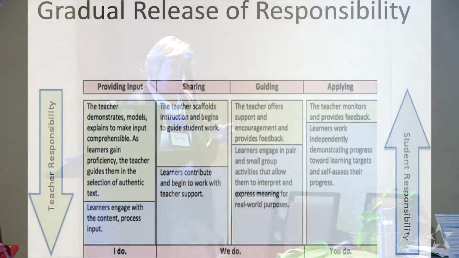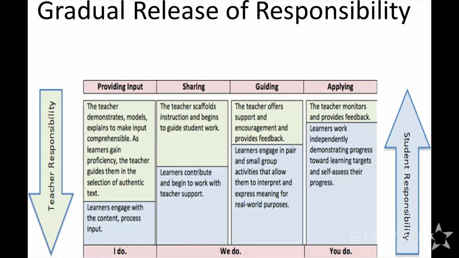Okay, so if you could take a look at your at a glance document that has this graphic for gradual release, where the teacher-centered part is providing input and modeling, and then moving on across.